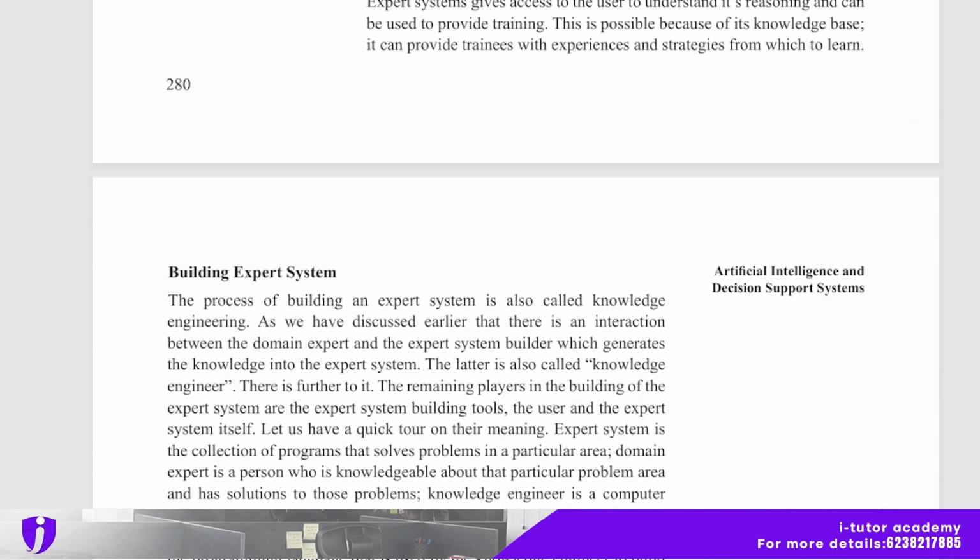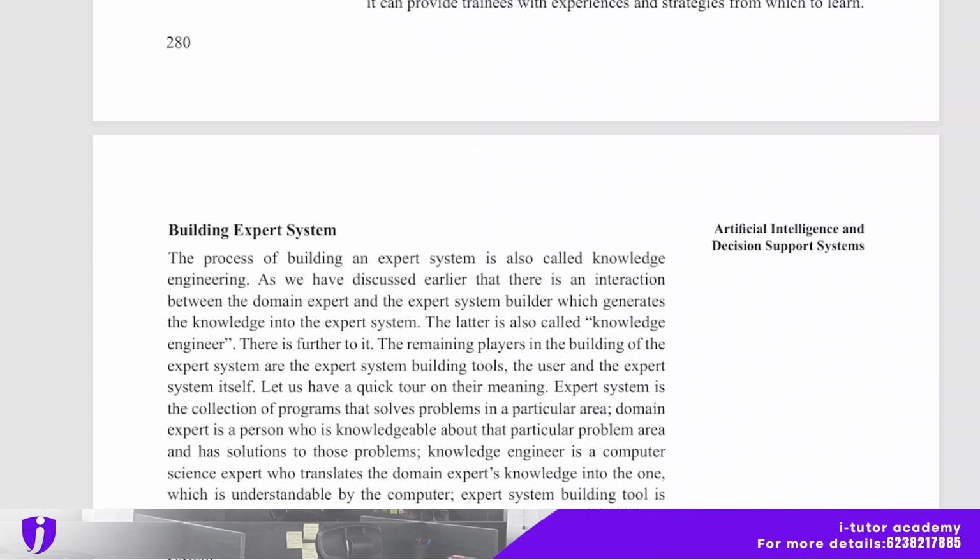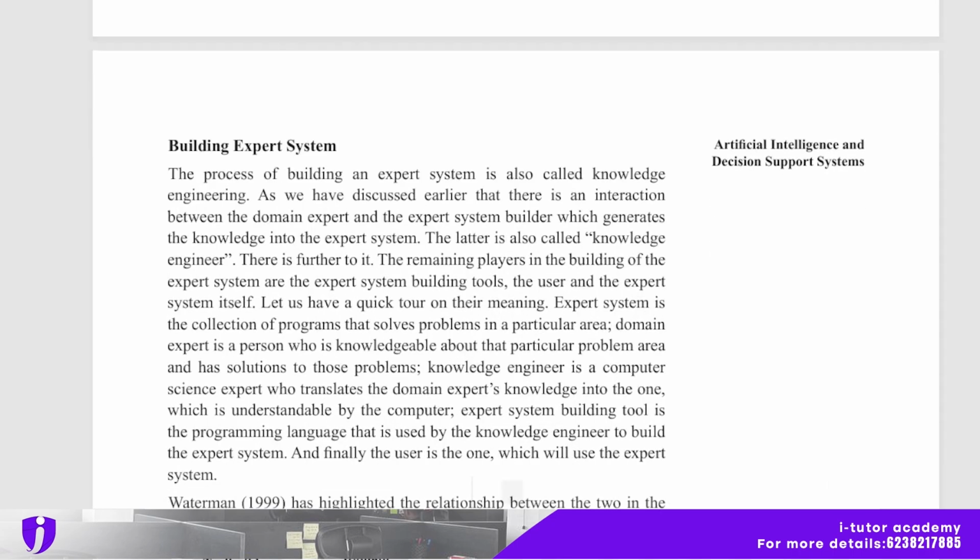And building an expert system, the process of building an expert system is also called knowledge engineering. As we have discussed earlier, there is an interaction between the domain expert and the expert system builder which puts the knowledge into an expert system. The latter is also called a knowledge engineer. The remaining players in the building of the expert system are the expert system building tool, the user, and the expert system itself.